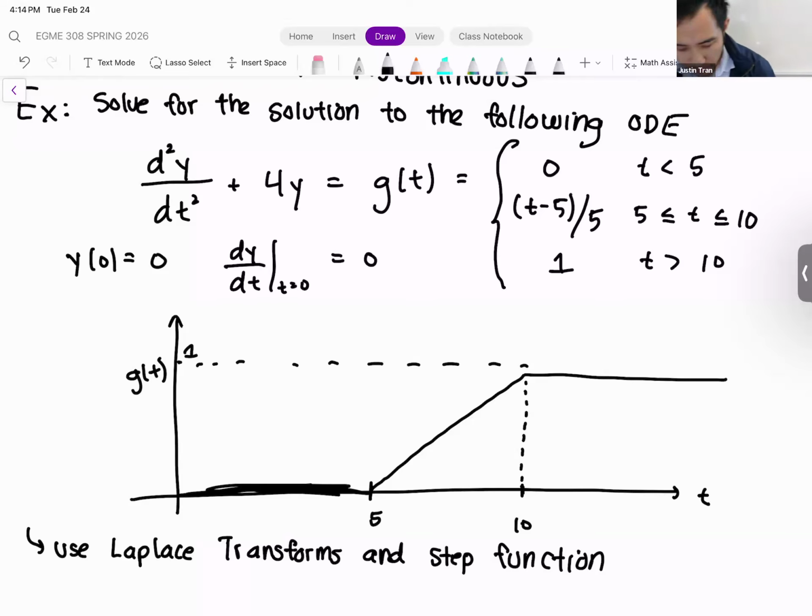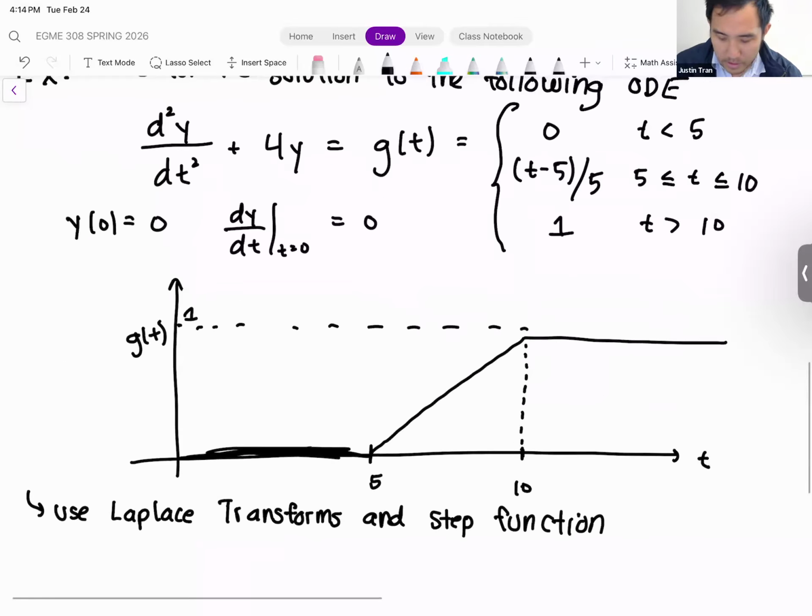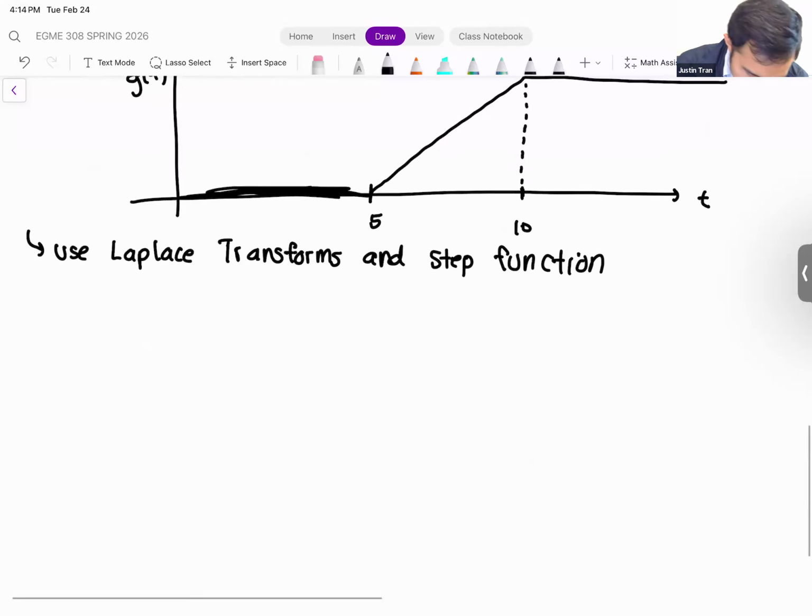Okay. All right. So let's go ahead and solve. When you have a discontinuous forcing function like this, the first step is always going to be to represent your forcing function as a single expression. So step 1, represent forcing function.